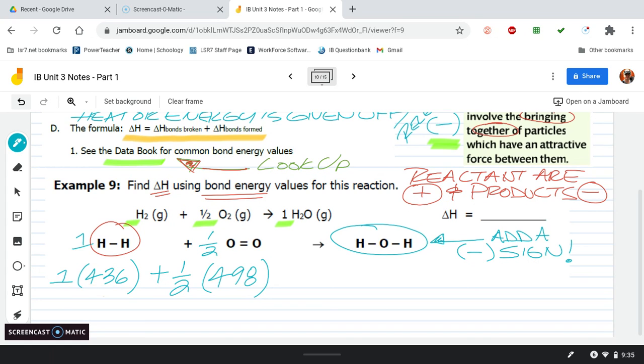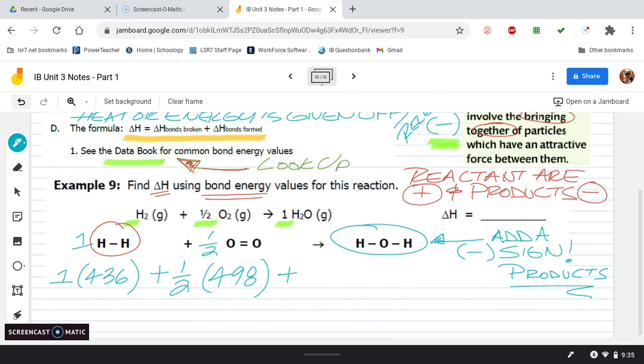And why are we doing that? Because these are products. And so we're going to go ahead and add that negative sign. So it's 1 times 436 for the hydrogen bond, and then 1/2 times 498 for the double bond. And then we're going to add that.